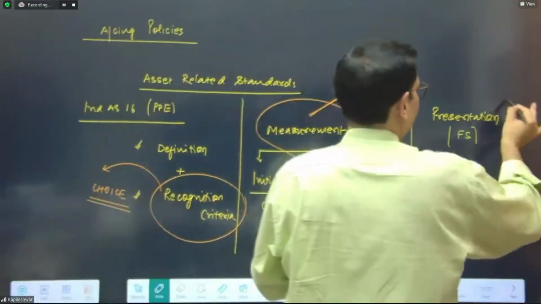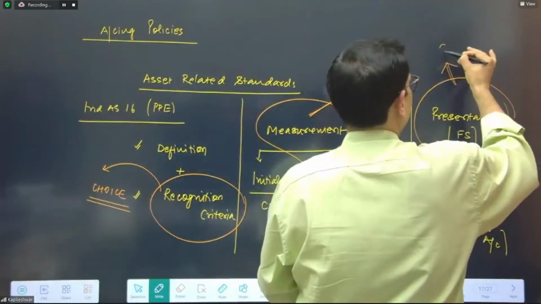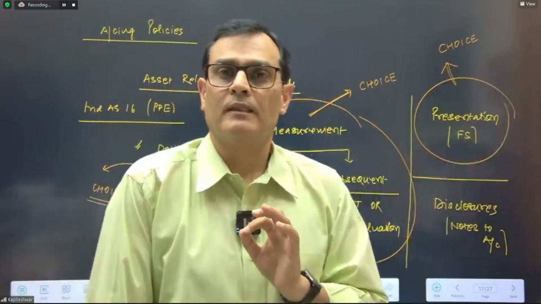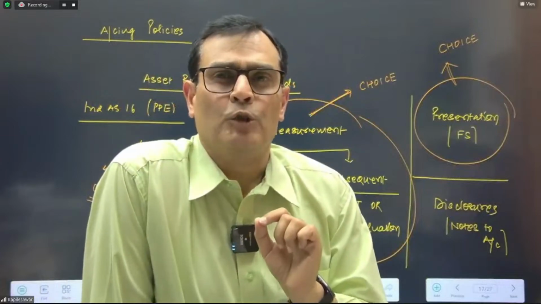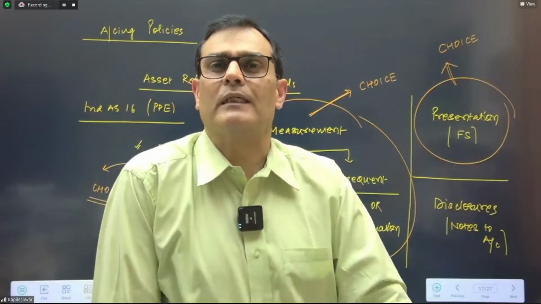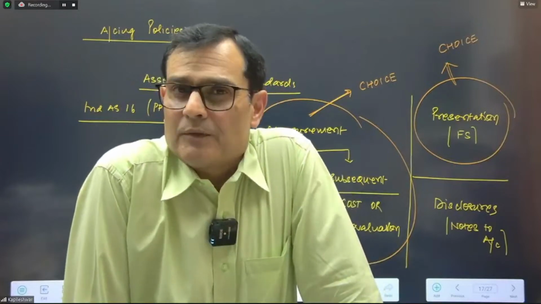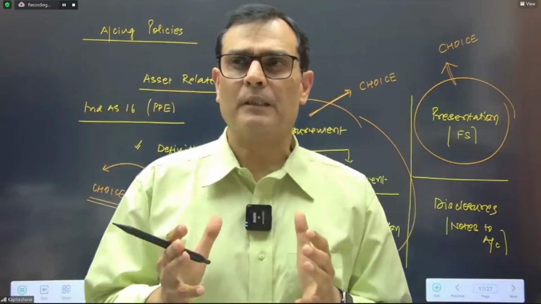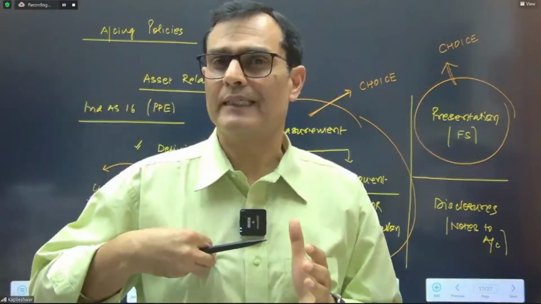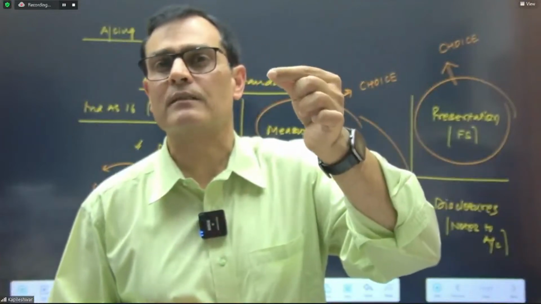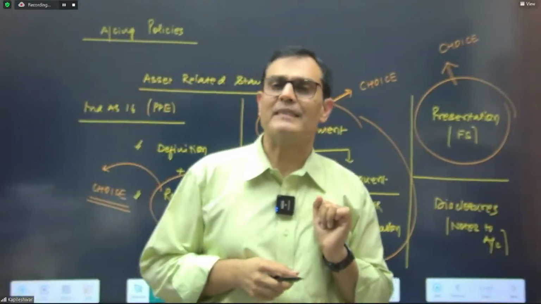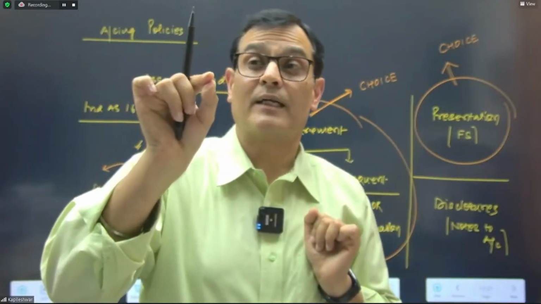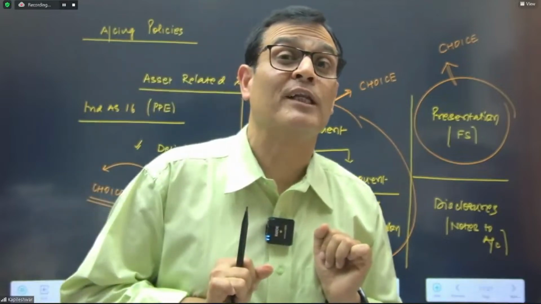Next. Let us say I get a choice in terms of presentation area. Let me remind you in terms of this PPE. If you remember in the intermediate level, you did a concept when a government gives you a grant and it's an asset related grant, you might remember that there is a deductive approach and there is an income approach. When the government gives you a grant on the asset, you can either reduce it from the asset and present it net in the balance sheet, or you can take that grant and show it as a deferred income on the liability side.